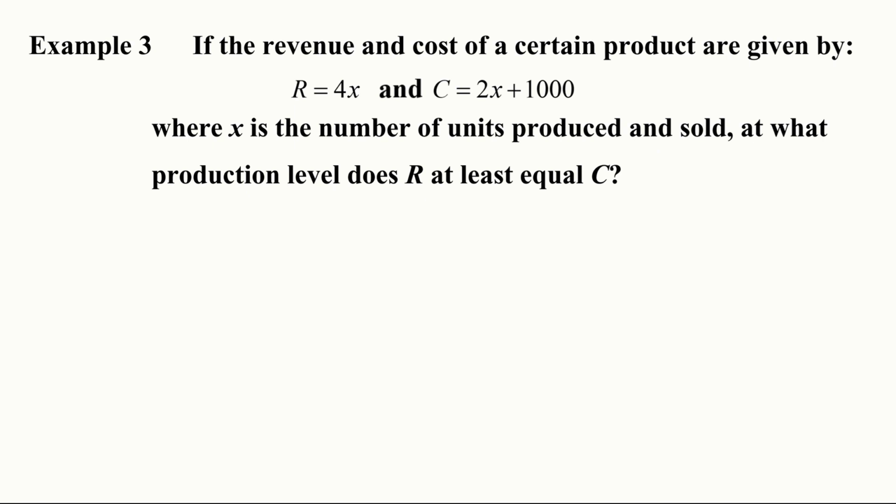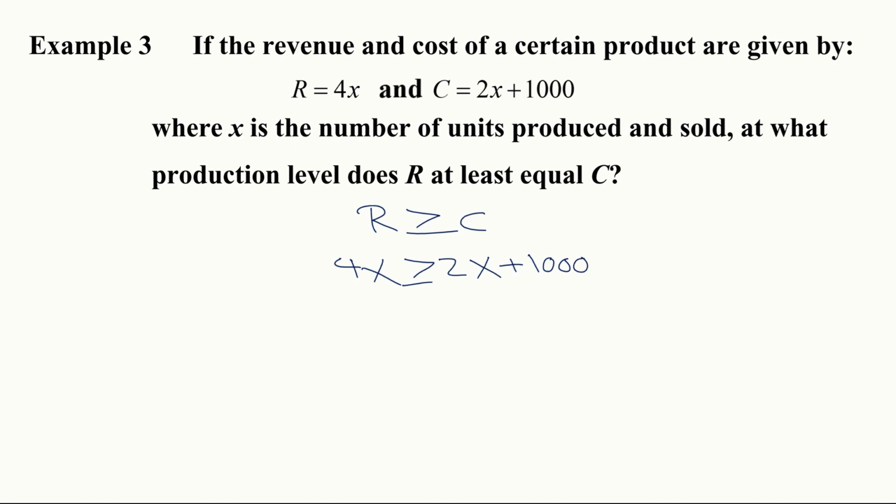So that means you want R to be greater than or equal to C. That's the production level you want to find, right? So where do you kind of start to move in toward profitability, right? So you want 4x to be greater than or equal to 2x plus 1,000.